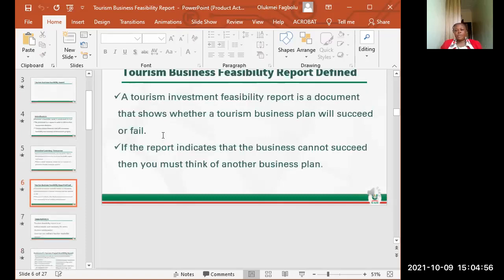Now, by way of a definition, a tourism investment feasibility report is a document that shows whether a tourism business plan will succeed or fail. And if the report indicates that the business cannot succeed, then you must think of another business plan. It's either you approach what you are writing using a different dimension, or you think of another business.